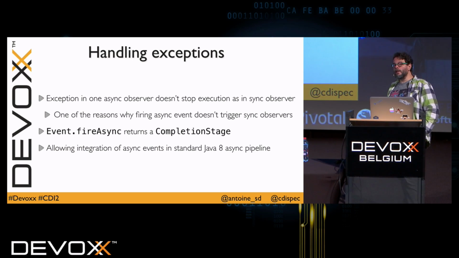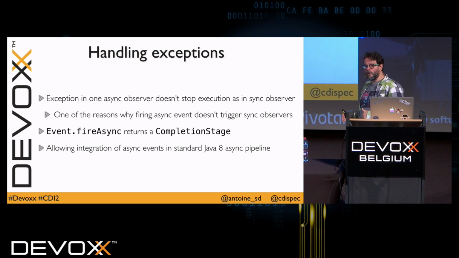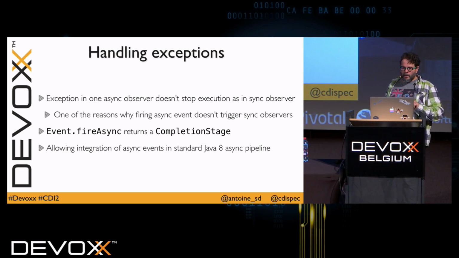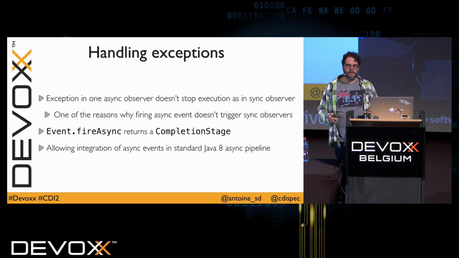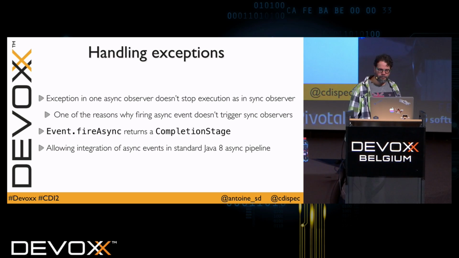In synchronous events today, if you have an exception, the event chain is broken, the observer chain is broken. The observer that throws the exception stops the invocation of other observers. So what we need in CDI 2, we cannot do that, of course, and we need to get all the exceptions that may occur in the asynchronous observers.